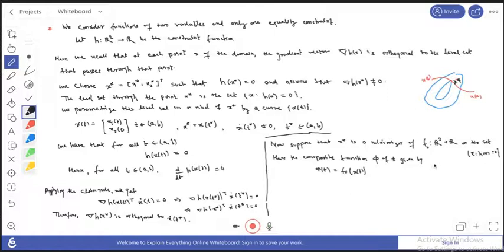Okay, and this achieves a minimum at t equals t star. Okay, because this value has a minimum when it is x star. When t equals t star, you get your minimum value, that is your x star.